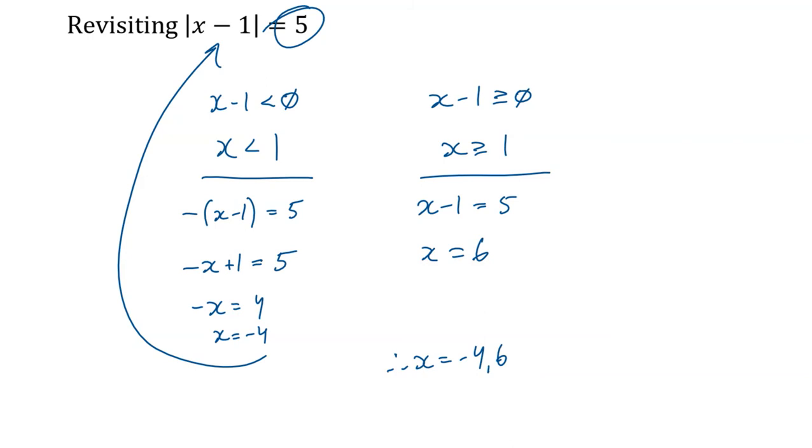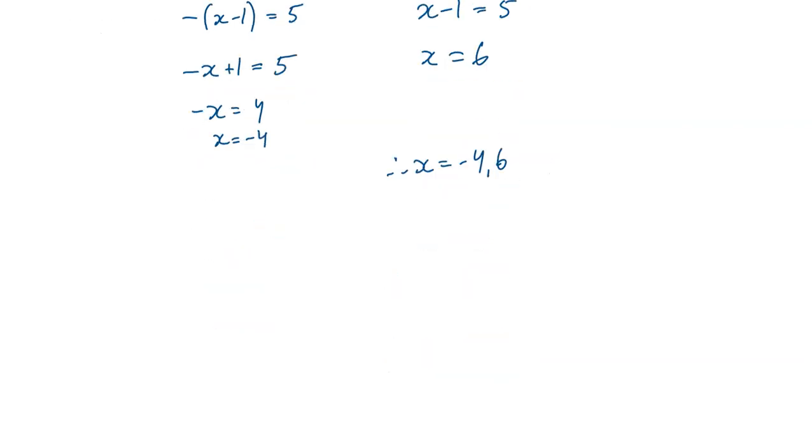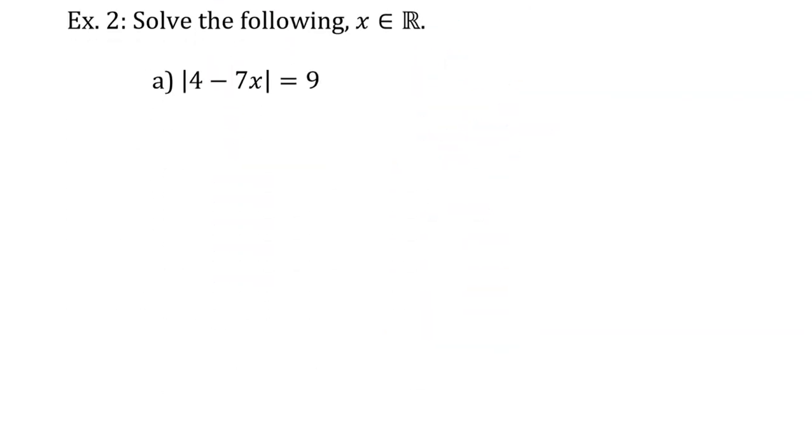When I sub in the -4, my result is -5. When I sub in 6, 6 minus 1 is 5. Absolute value of 5 is 5. 5 equals 5. So both those values do work. Which you could solve by inspection. You probably could have just figured that out. But if you have to do more complicated ones, then it's useful to have a method.